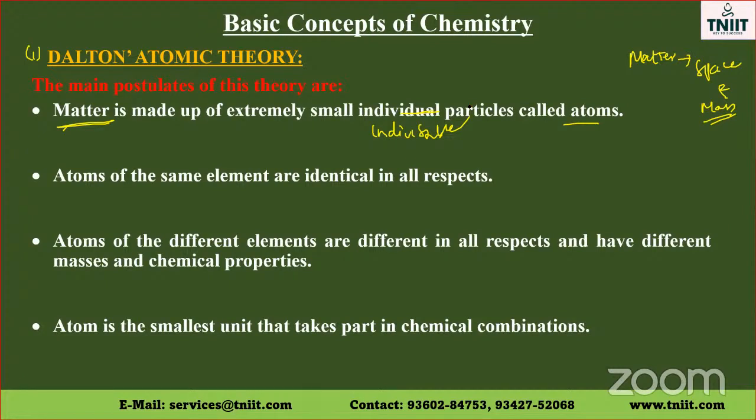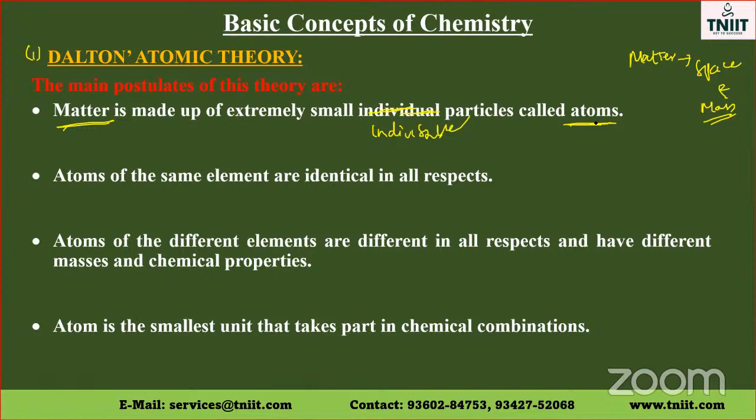When science was emerging in olden days, Dalton proposed that matter is made up of small, indivisible particles, that means a particle which cannot be divided, and he termed them atoms. The first postulate is matter is made up of small, minute, indivisible particles called atoms.